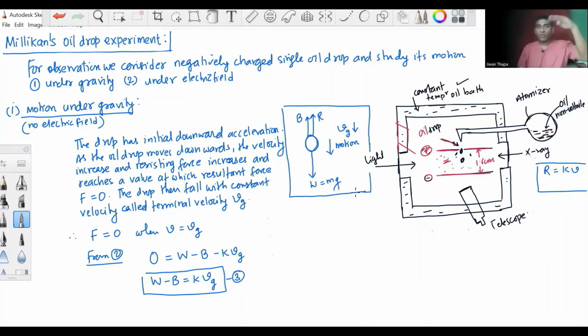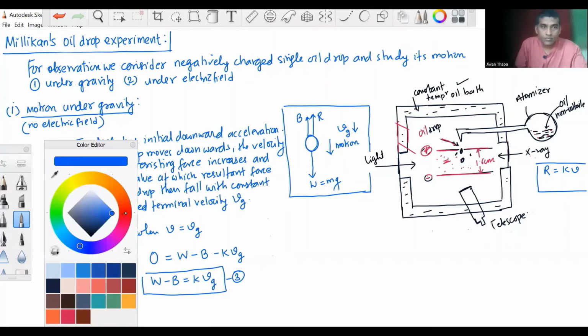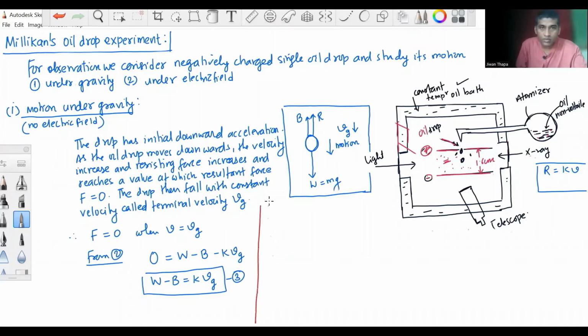The drop is moving with constant velocity, that is Vg, when the resultant force F equals 0. Now let rho be the density of oil and sigma be the density of air, and we know density equals mass by volume.